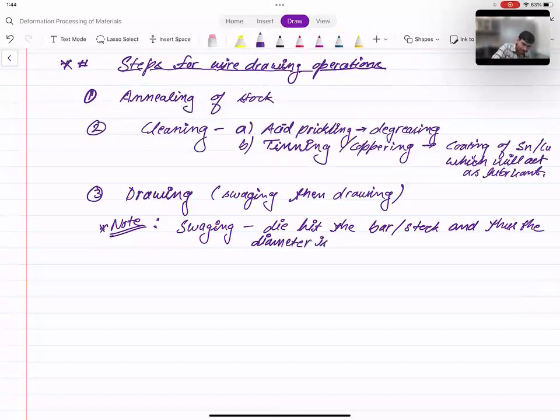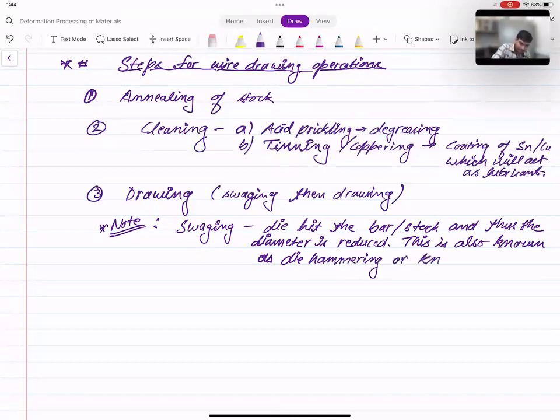This is also known as die hammering or kneading process. Kneading, we do for wheat flour. A similar kind of process is being done here also.